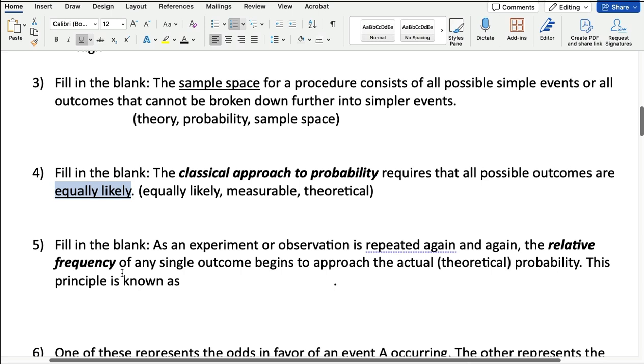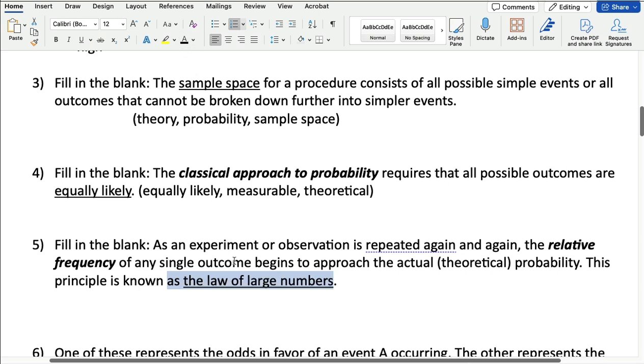You repeat an experiment or an observation, you write down its relative frequency, and then you just keep doing that, and you write down all of the relative frequencies and maybe come up with an average of that. But the relative frequency of any single outcome begins to approach the actual or theoretical probability. This principle is known as the law of large numbers.